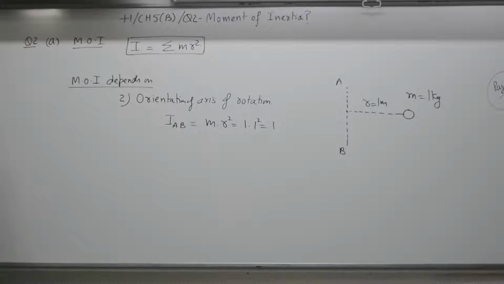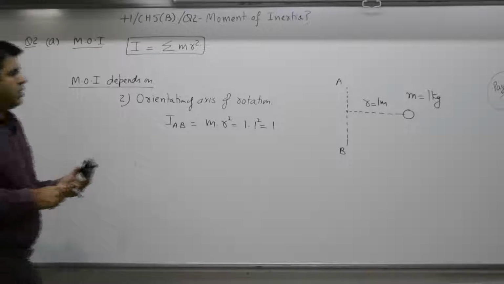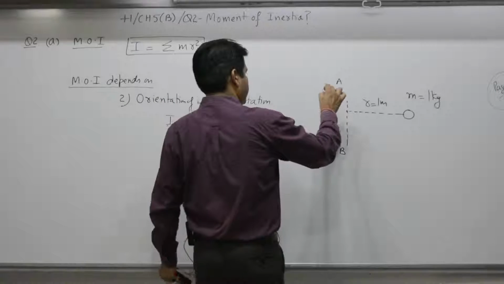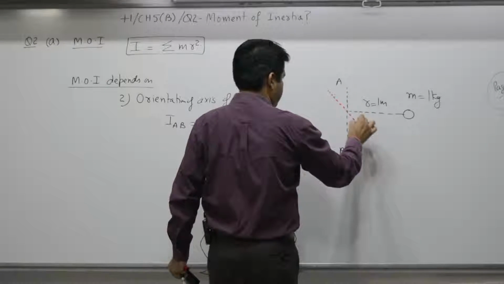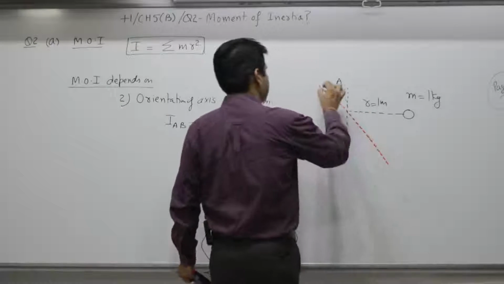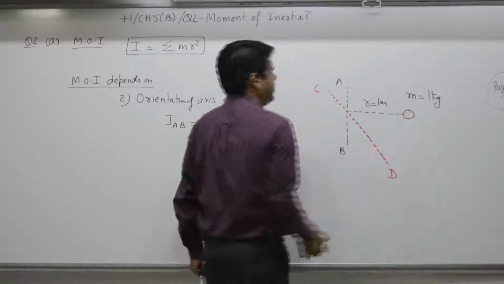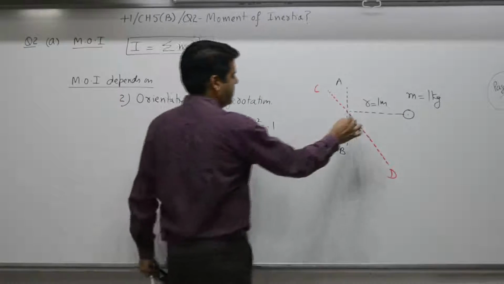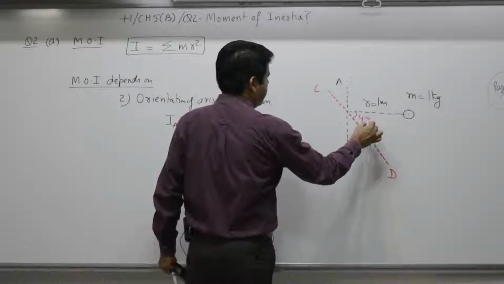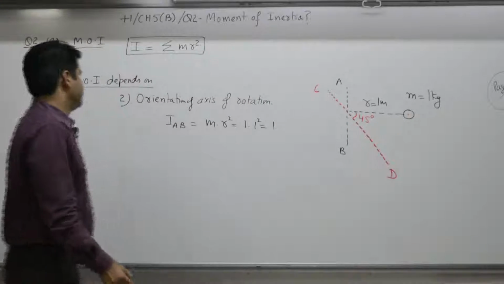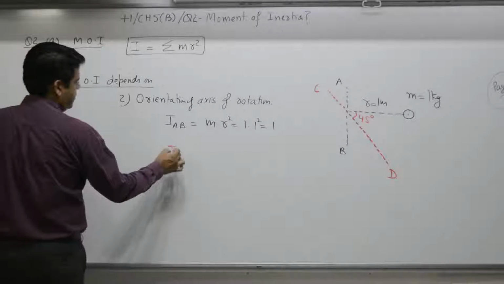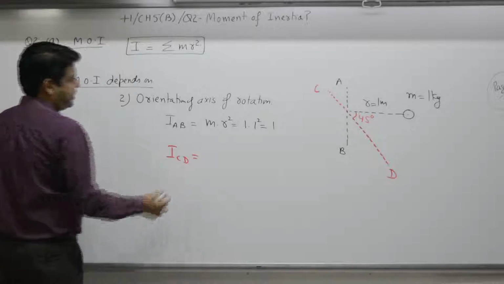Find moment of inertia about another axis CD. The angle is 45 degrees. Do it.